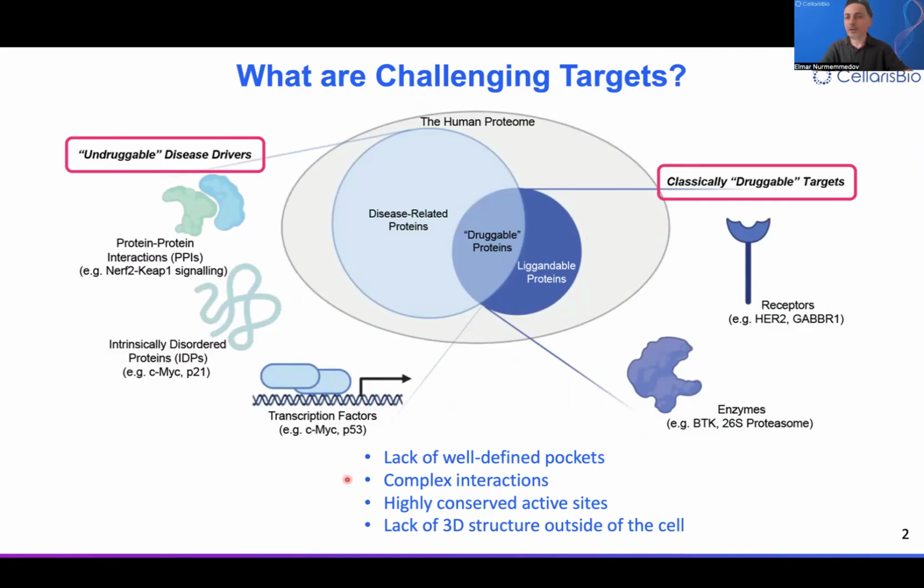They exist in complex protein-protein or protein-DNA interactions. They are highly conserved in terms of their active sites, if they do exist. And then finally, they lack three-dimensional structure outside of the cell, altogether making classical pharmacology a lot more difficult.